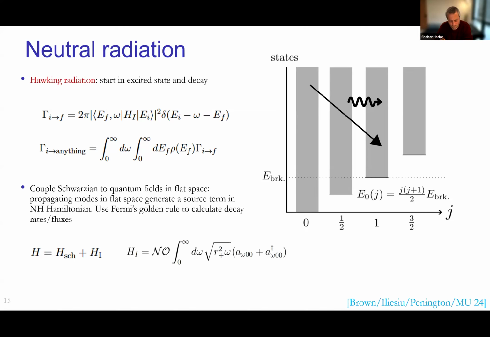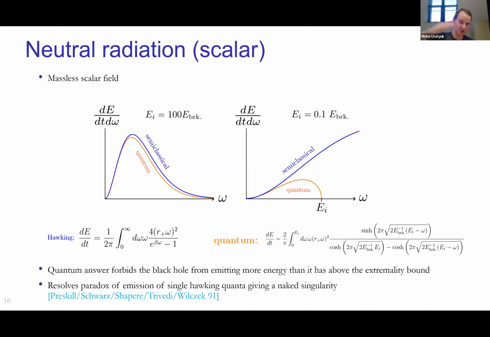We can imagine we start with an initial state with energy above extremality of 100 E breakdown, and we get the following plot. The blue is the semi-classical answer, and the orange is the exact quantum answer coming from the Schwarzian theory. When the black hole has a lot of energy above extremality, the two plots roughly overlap and look the same.